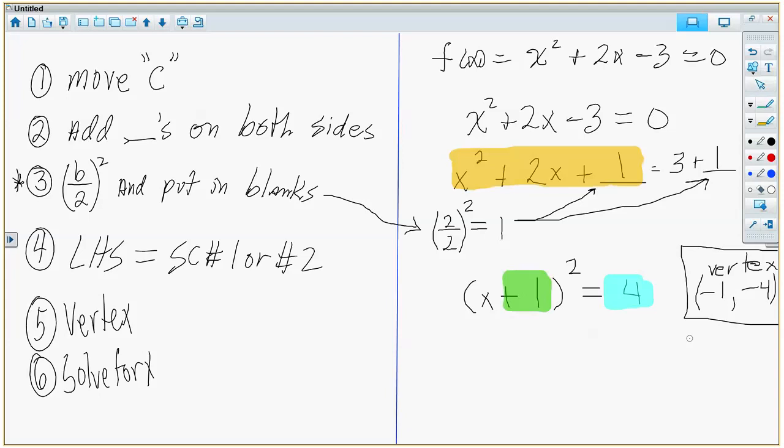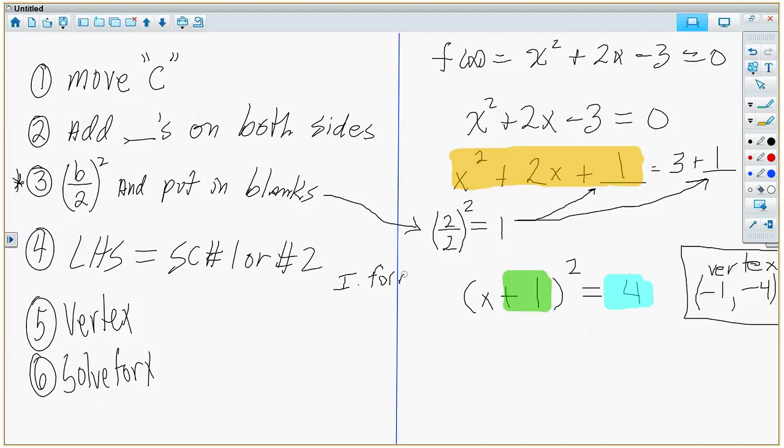Now, the other thing you could do to this is you could put it in intercept form. Write that down. I'm just going to put I form. That's intercept form. Now, this is important because some of the homework and some of the test questions are not going to ask for the vertex.